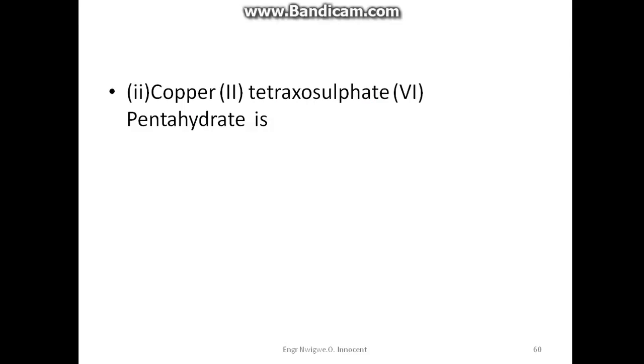Number 2. For question 2, we are asked to calculate the molar mass of copper 2 tetraoxosulfate 6 pentahydrate. Calculating the individual constituents that make up this compound, we see that copper, sulfur, 4 atoms of oxygen and 5 molecules of water were involved.